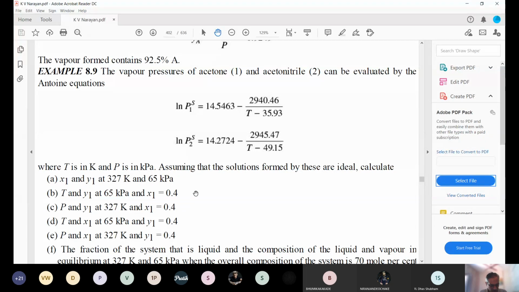What is this thing? X is given, we are finding Y. What is it called? एक नाम है इसका.